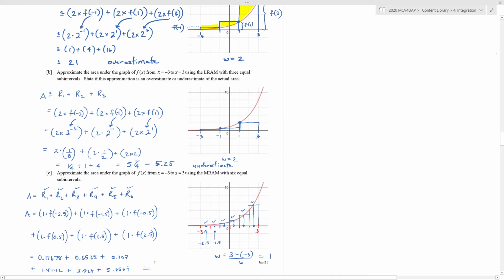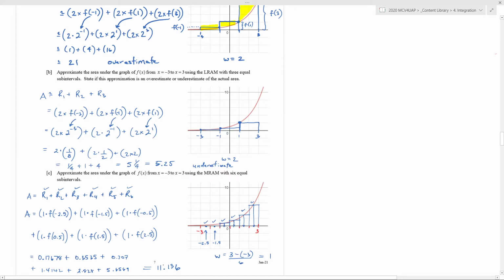Now you're not asked if that's an overestimate or an underestimate. That is, the more rectangles we use, the more difficult it is to determine whether the approximation is an overestimate or an underestimate. But you can see when you compare the picture from part C that your approximation is definitely going to be better in part C than it will be in part A and B. Now, we can't do an exact comparison with the actual area because we don't know the actual area yet.